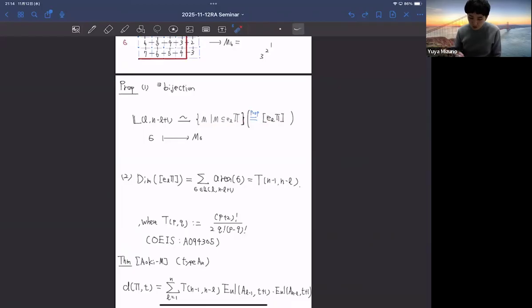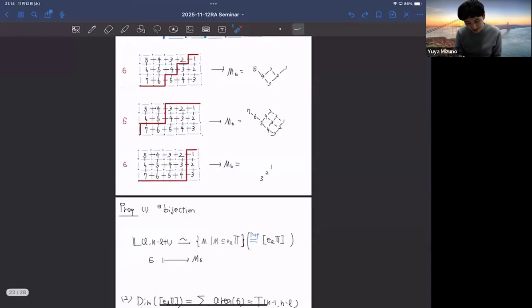And what we want to do is calculate the dimension for each indecomposable module. This is naturally regarded as the area of this one. Namely, you can find 1, 2, 3, 4, 5 squares, and this is nothing but the dimension of this one.